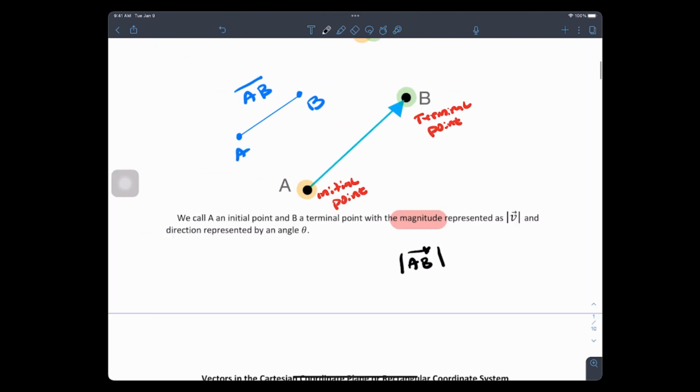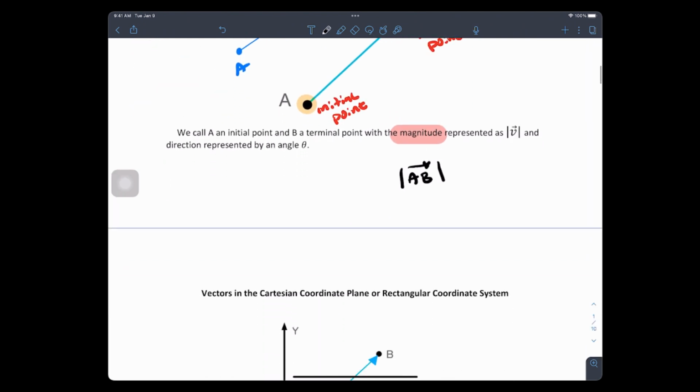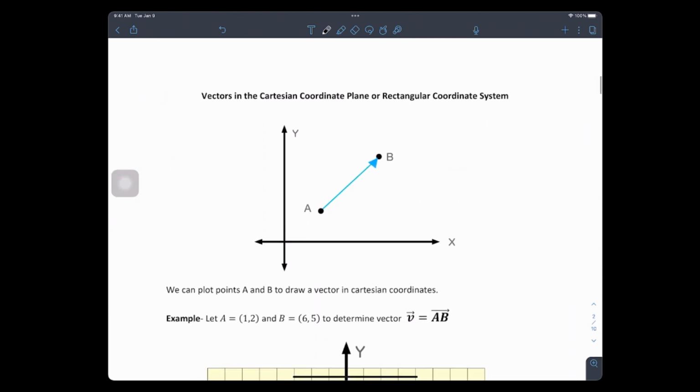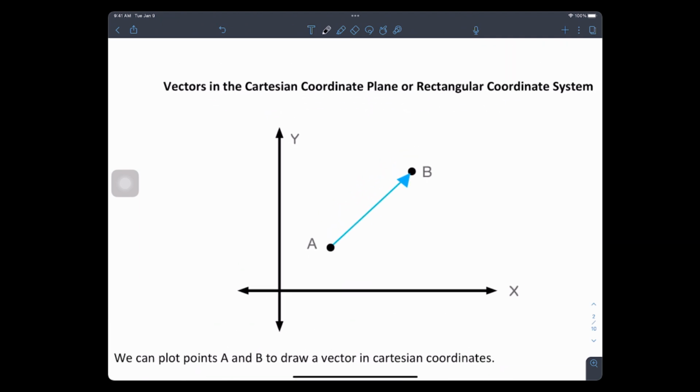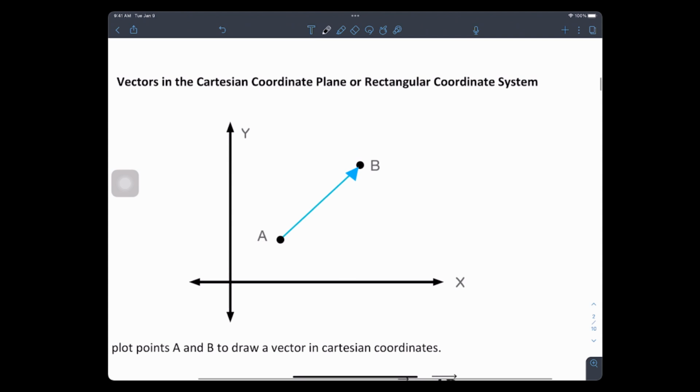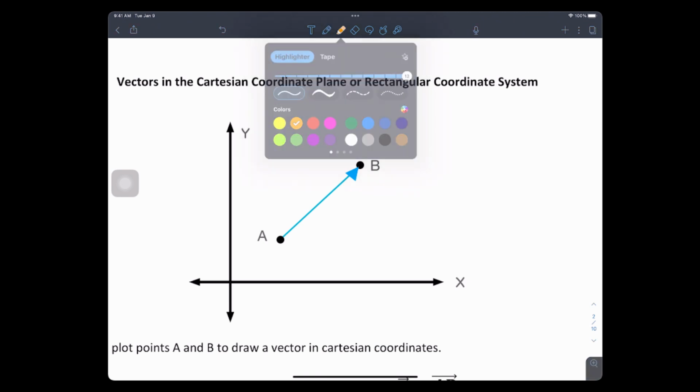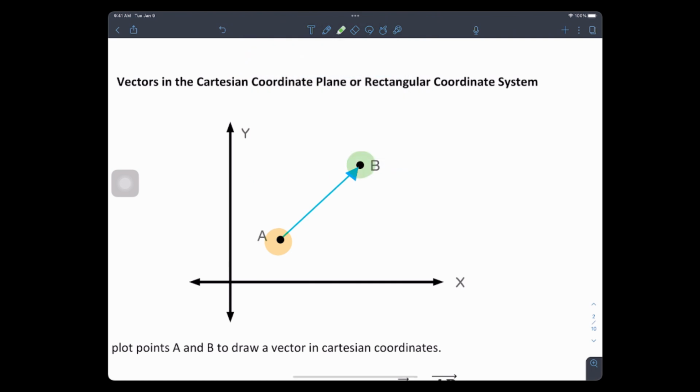Okay, so it's going to be kind of a simple idea, believe it or not. We're going to put some things together here, okay? So remember, like in algebra and geometry, you're familiar with points, right? Plotting points. So you can plot the initial point and the terminal point. Essentially, you can draw the vector. Just make sure the arrow goes to the terminal point.